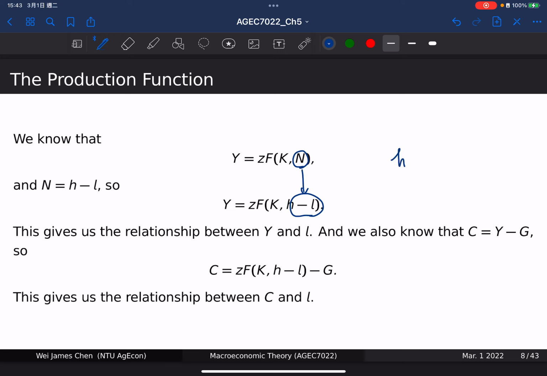H is exogenous. Leisure is an endogenous variable, but we will know exactly how much leisure you will take because given the wage, I will know how much you work, and basically I know how much is your leisure. But here, I'm going to just replace N with H minus leisure because I want the variable leisure, I don't want the variable labor.